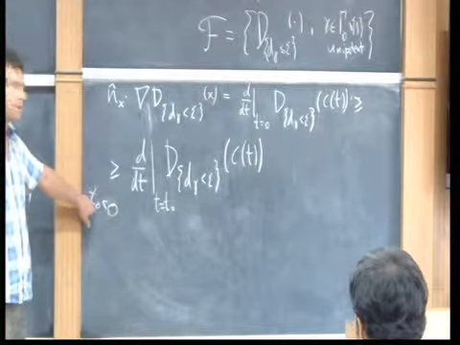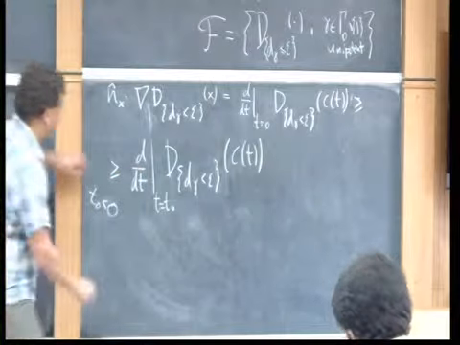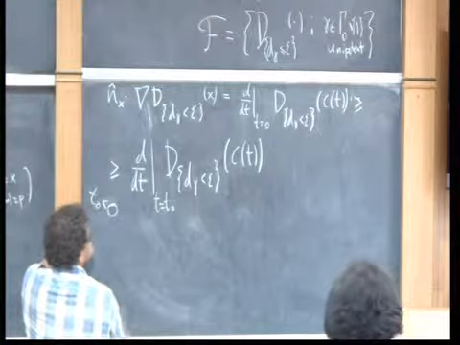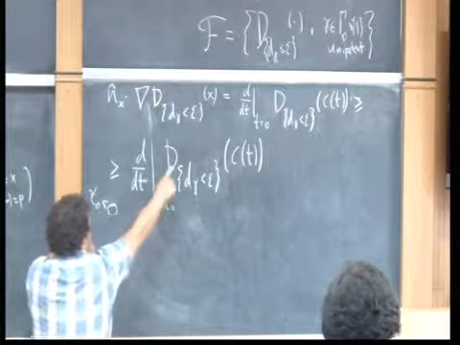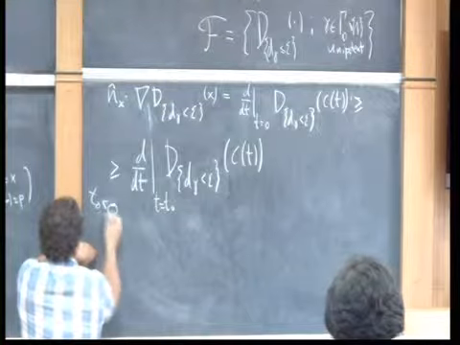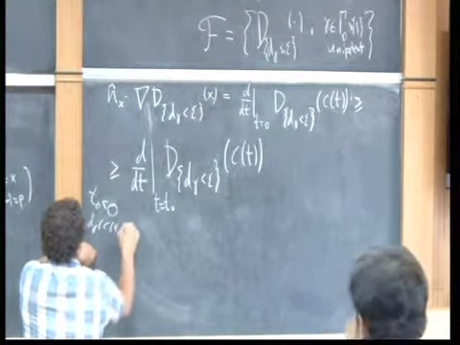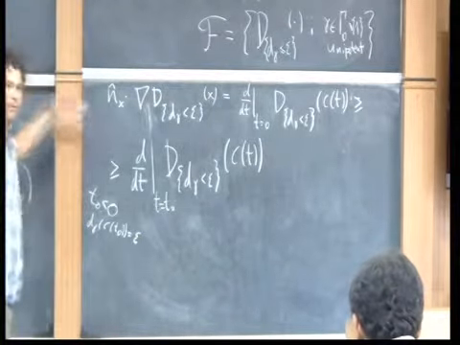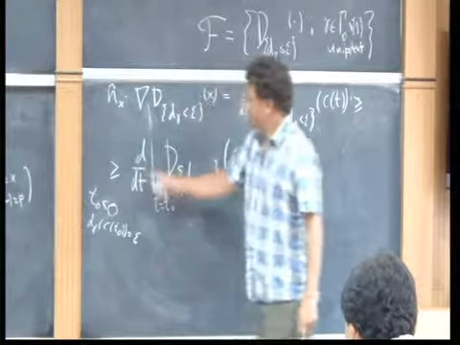I'll choose it to be the time when the displacement of gamma is exactly epsilon, so that I'm on the boundary of this set. So we assume that d gamma of C at t0 equals epsilon. Now it's bigger than epsilon, and in the past, at some point, it was epsilon. So this is how I choose it.